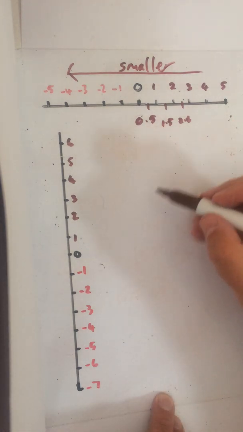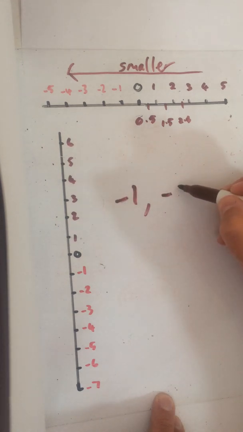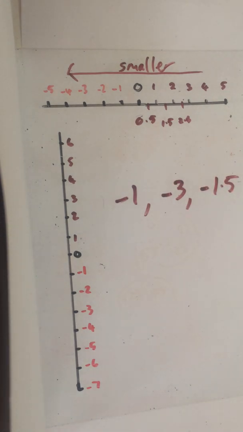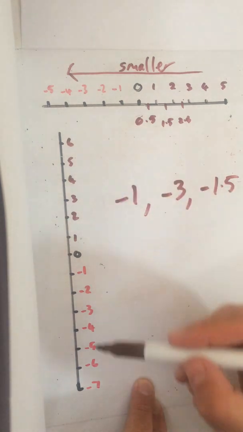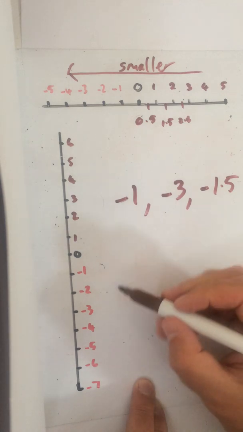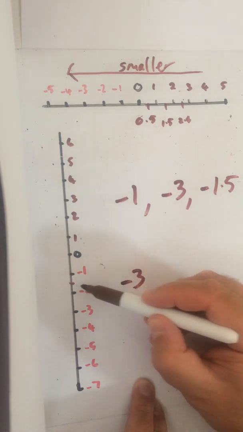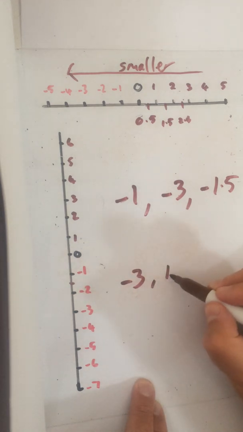So for example, if you had -1, -3, -1.5, which of those is the smallest? I can see -3 would be the coldest temperature, so I go -3. Then in between here is where I'm going to find -1.5, isn't it? It's in between the -1 and the -2. So that actually is smaller.